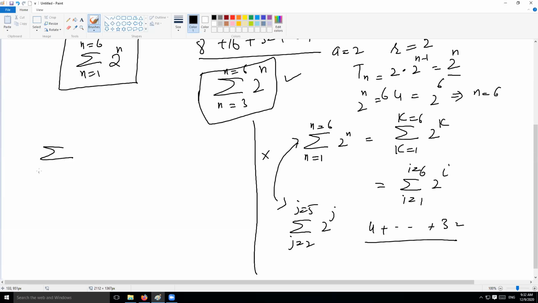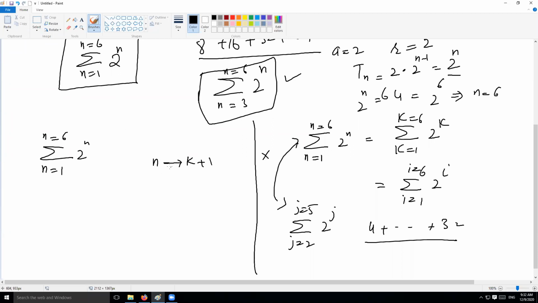Say for example, you have this sum that goes from n equal to 1 to n equal to 6 of 2 power n. All right, but I want to replace n with something like power k plus 1 here.